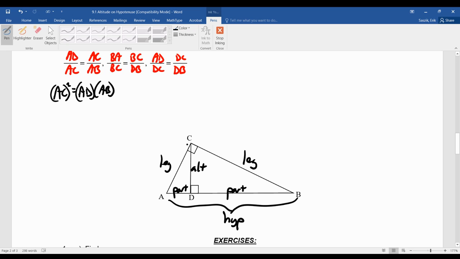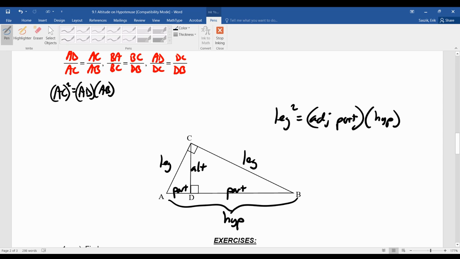AC in the big triangle is a leg. AD is a part, it's the part next to the leg, and AB is the whole hypotenuse. That leads to a formula here. Leg squared equals the adjacent part times the whole hypotenuse.